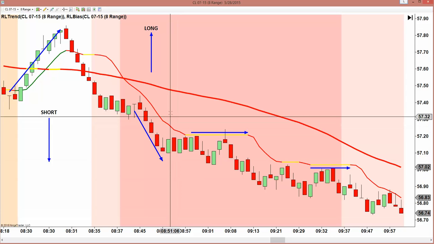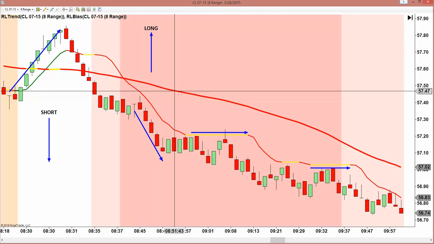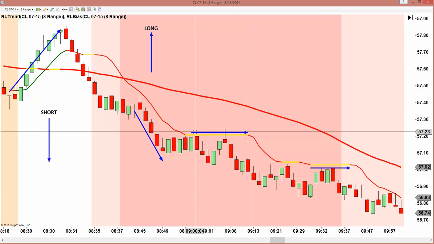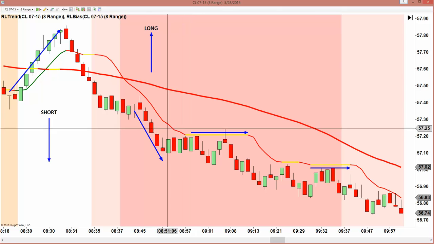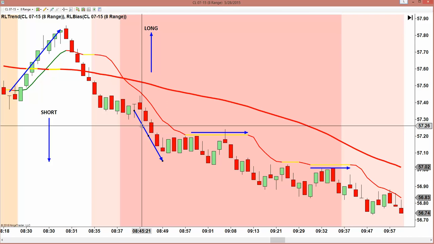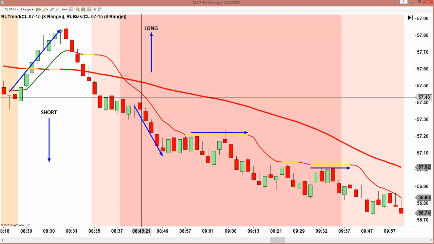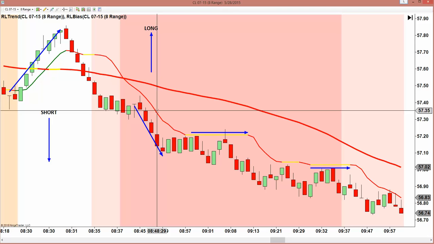Now here is our bias. Now this tells us what's going on multiple time frames. And I think that bias, for all the people that trade the right line system, is one of the most confusing. Now this dark pink, and I just pulled this out of nowhere. Believe me, I didn't preset this.